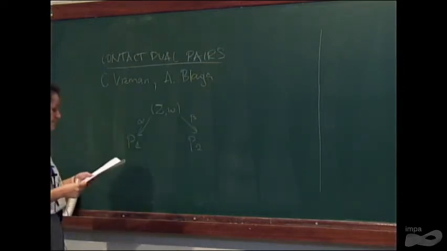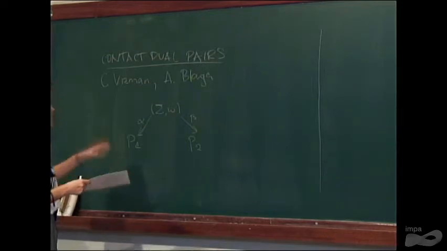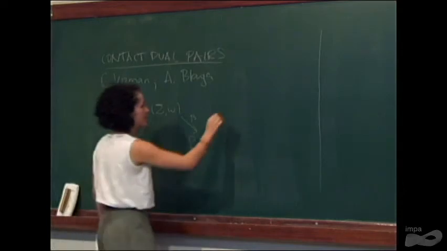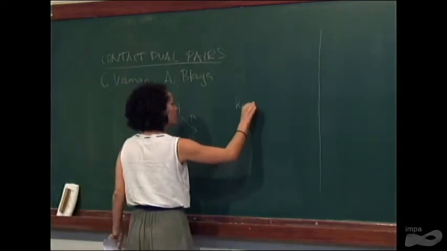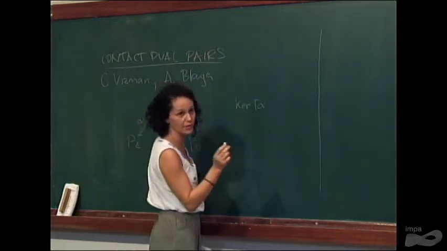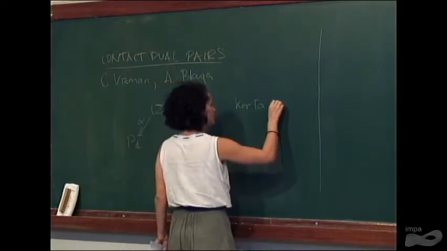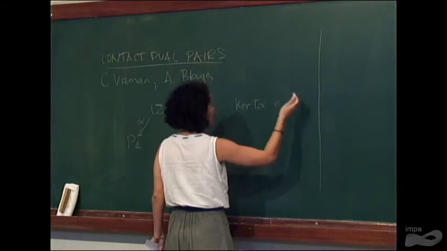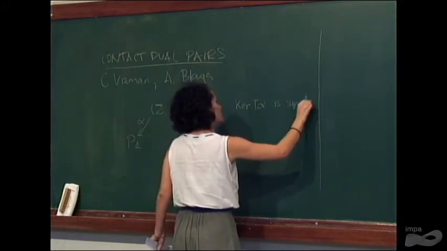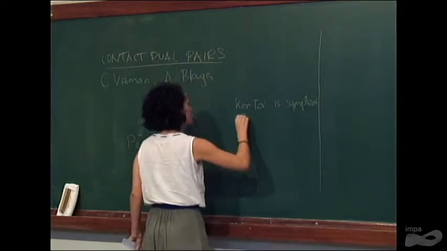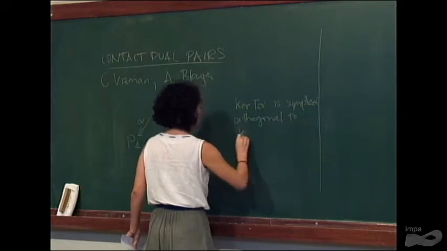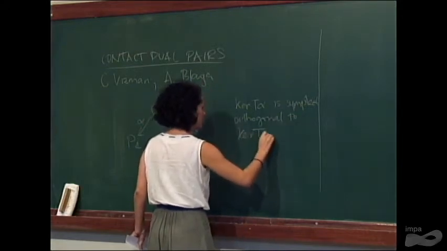It realizes both of them in a way that the kernel of T alpha, the tangent to the fibers, is symplectic orthogonal to the kernel of T beta.